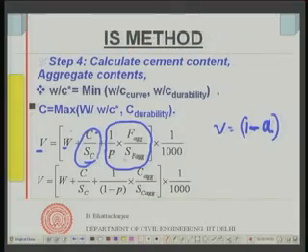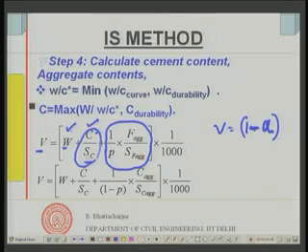This is the total volume of the aggregate, this is the volume of the cement, this is the volume of the water, all divided by 1000, and that must be equal to the volume occupied by solids, that is the total volume minus the volume of air. So, volume is conserved, because the solids and the water must occupy the volume not occupied by air. So, I have an equation of this form.